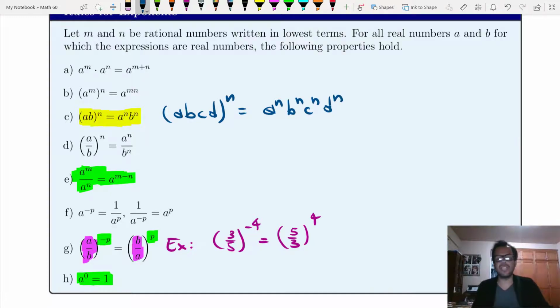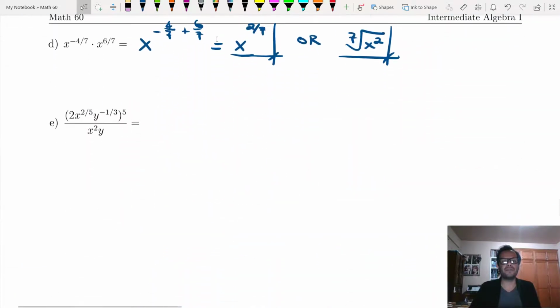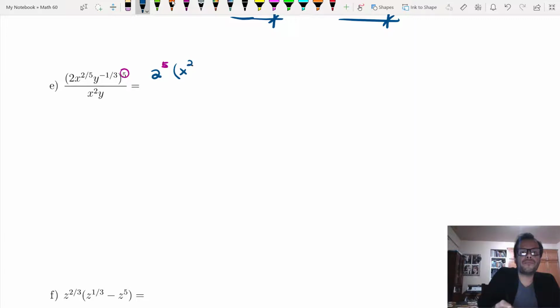So we are going to do the same for this example, right? This is what I'm going to do, and I'm going to use different colors, okay? So I'm going to raise the 2 to the fifth power, and I'm going to circle to color code, and then the quantity x to the 2/5 to the fifth power, all right?